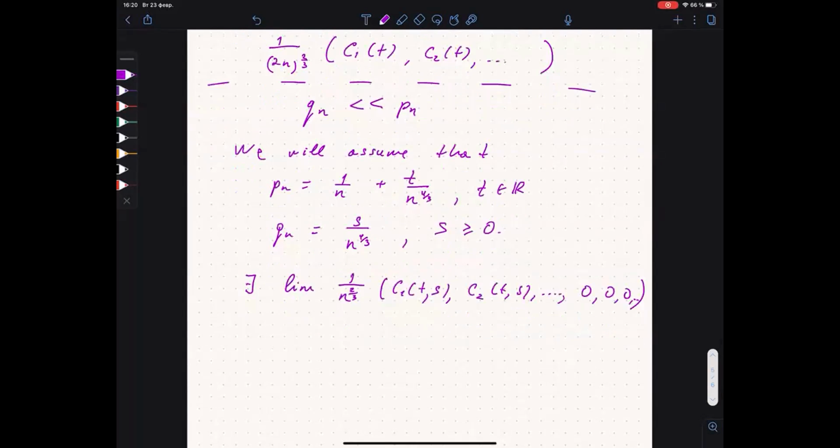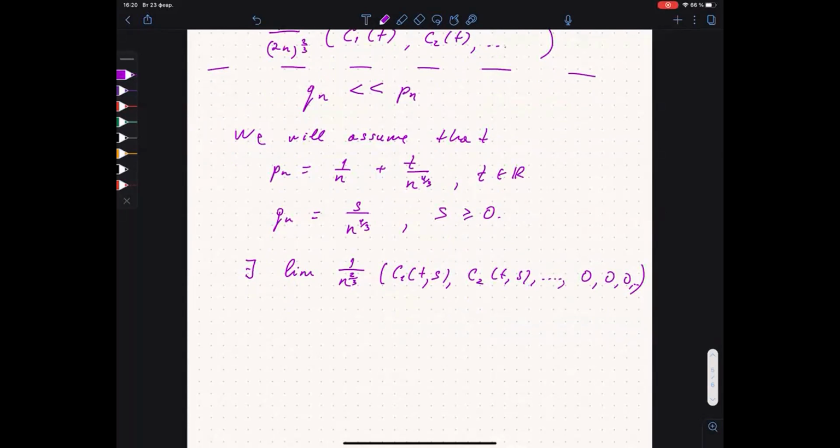And we will see later that the limit can be described by two independent multiplicative coalescences with some interaction.